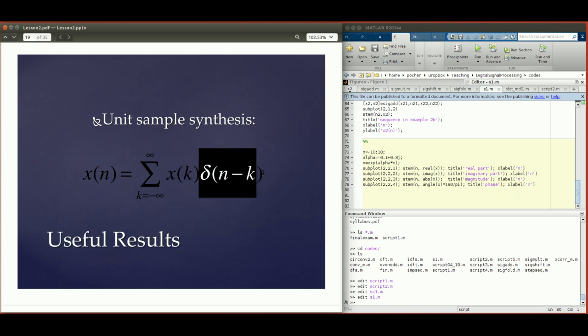Here it's an impulse signal, delta[n - k], but it's a shifted impulse because the peak of this impulse sequence is located at k instead of 0.